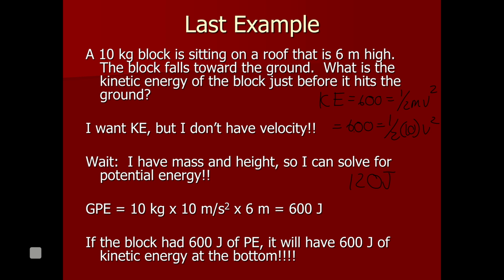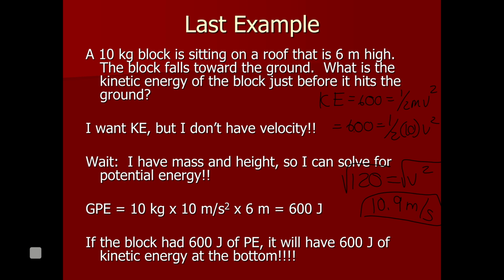Not 120 joules, sorry, 120 equals v squared. Then I can take the square root of it, which comes out to about 10.9, so very close to 11 meters per second. That would be the velocity it has hitting the ground.